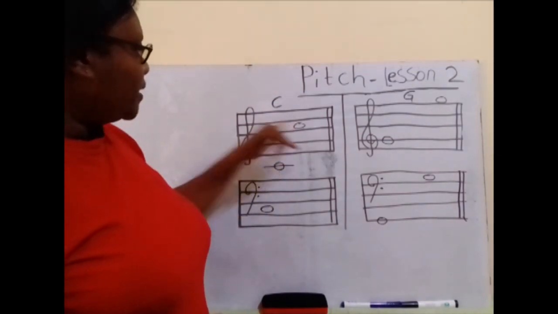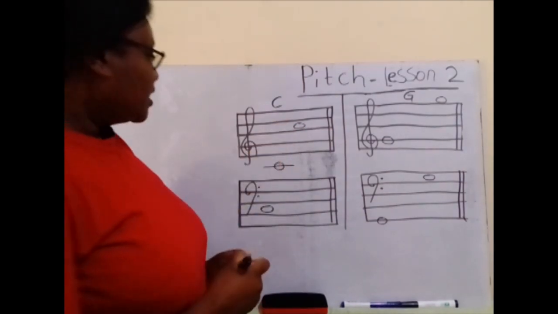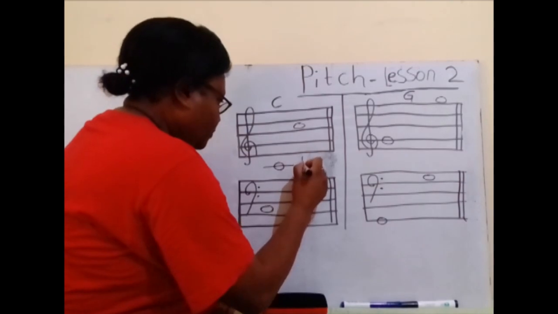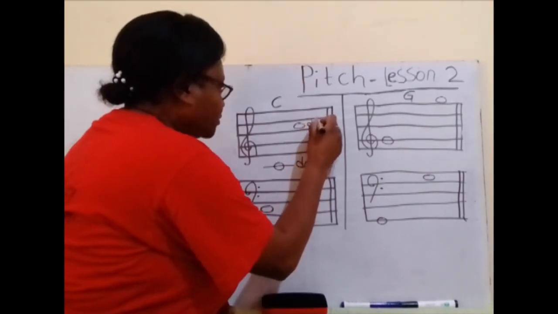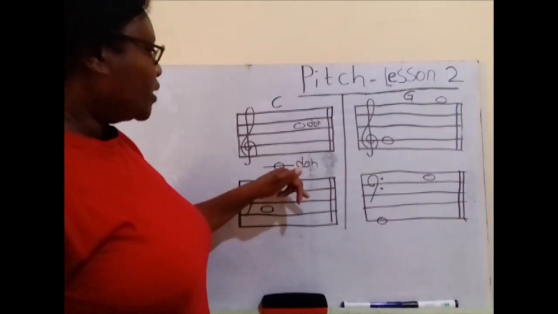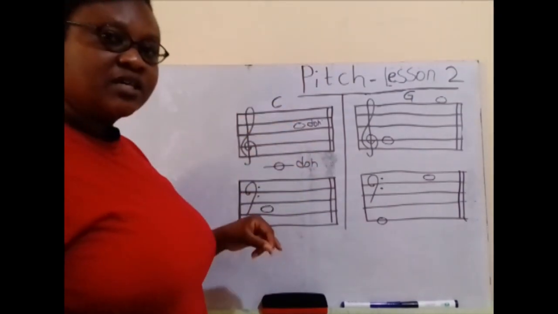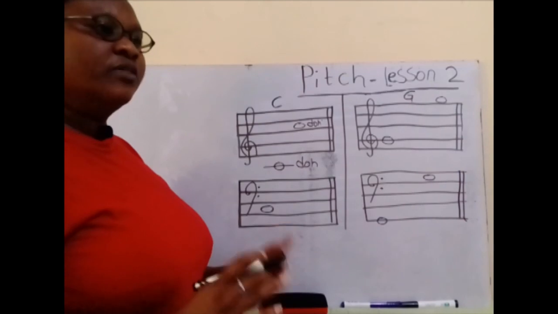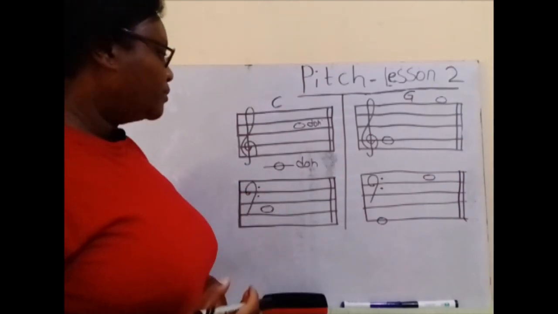But when we come up here, this is an octave C. If this is your Do, and this is your Do, this one will be lower than this one when you press it on your gadget, either on the phone or melodica or pitch pipe.